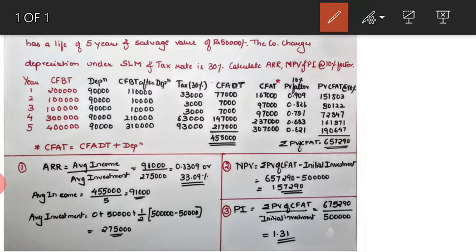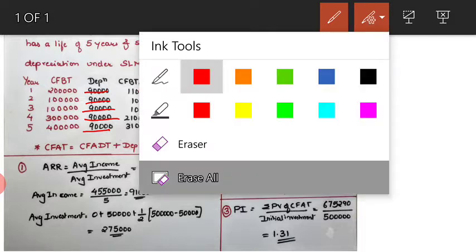So we have taken the depreciation values over here, 90,000, 90,000, 90,000, 90,000 and 90,000 for all the 5 years, since it is original cost method or straight line method. Once you calculate depreciation, we have to deduct the depreciation from the cash flows before tax.